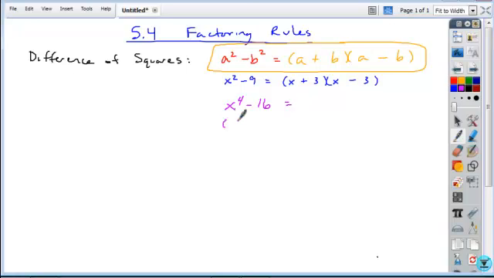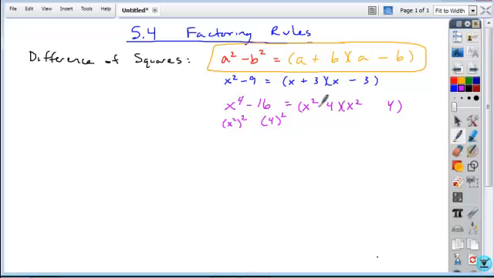When you're looking to see if this fits the pattern, you want to find out whether there are bases you can square to get each of these expressions. What base do you square to get x to the fourth? Here it's just x squared, and to get 16 it was the 4. So it does factor into that pattern of the sum and difference of the terms, x squared and 4.